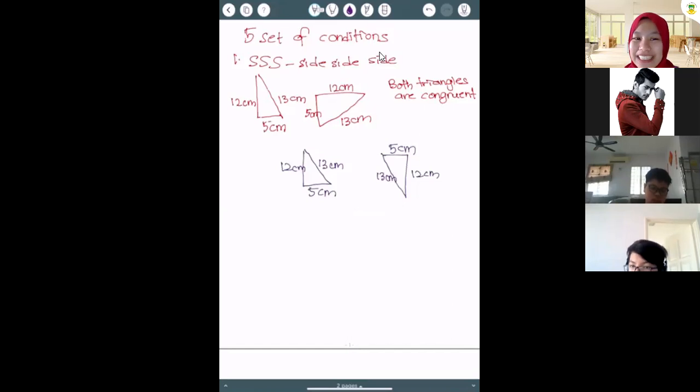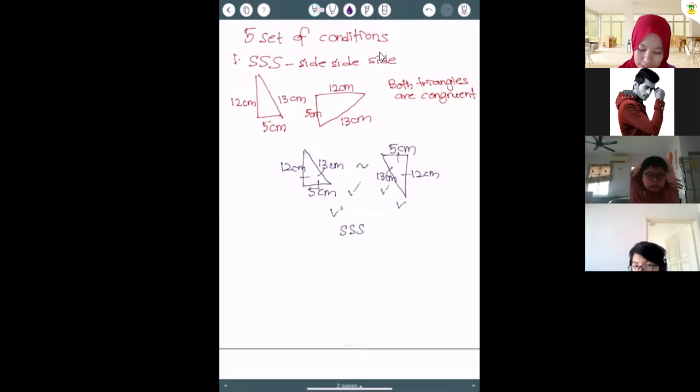What is the condition that we learned just now? All three sides should be the same length, then only you can tell that they are congruent. So can you see these two triangles? Their sides are all the same. 13 cm here, 13 cm here, 5 cm here, 5 cm here, 12 cm here, 12 cm here. So these two triangles are congruent.